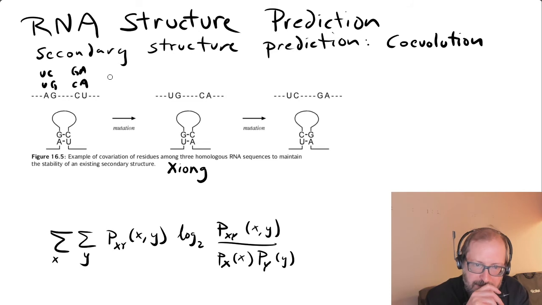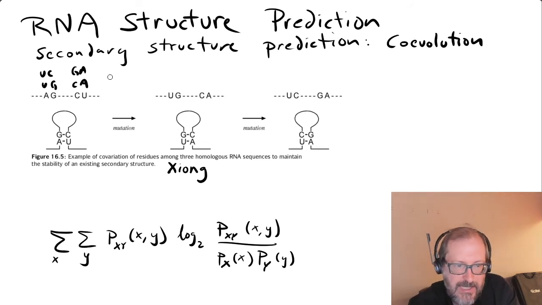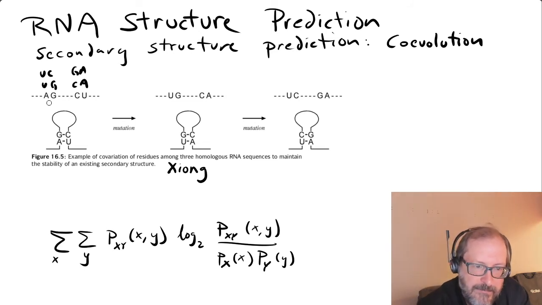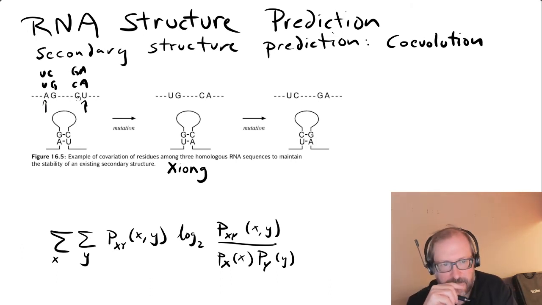If you look at position 1, I'm just going to call this position 4. Whenever you have a U here, you have an A here. See? And then here you have U again, A again. And conversely, when you have an A here, you have a U here. Right?